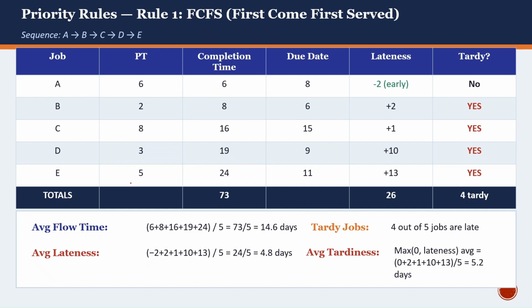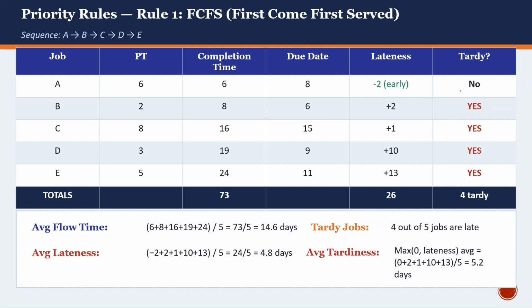Now the priority rule, the first one is FCFS, first come first serve. The processing times taken for A, B, C, D, E are 6, 2, 8, 3, and 5. So for A, completion time is 6, due date is 8, and lateness is completion time minus due date, that is minus 2.